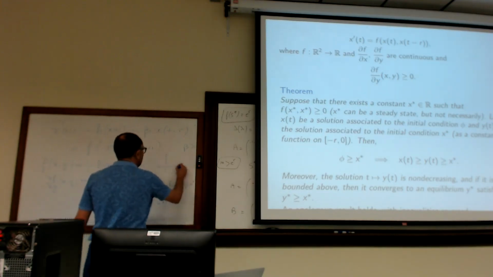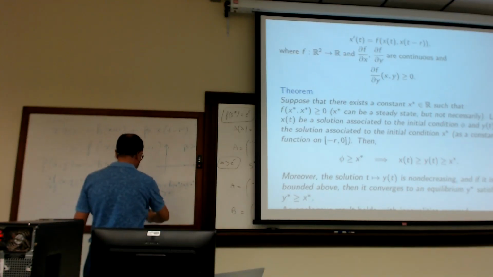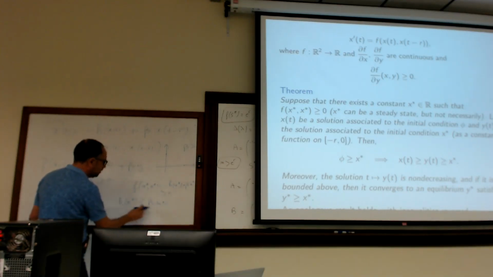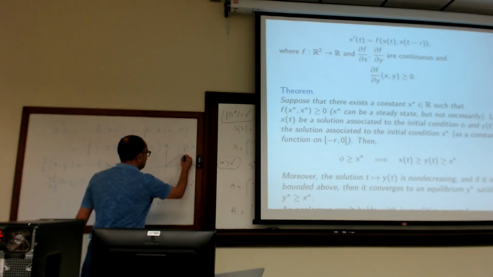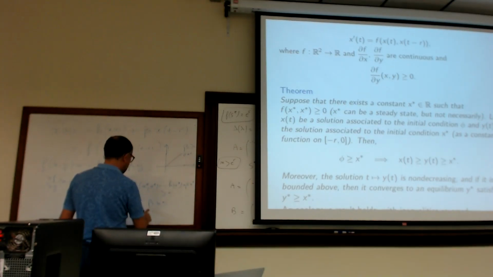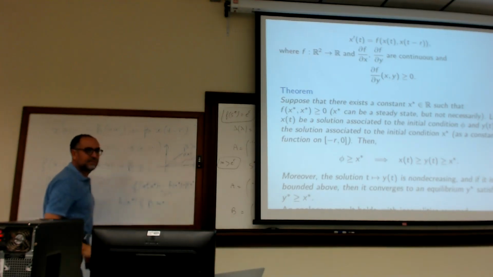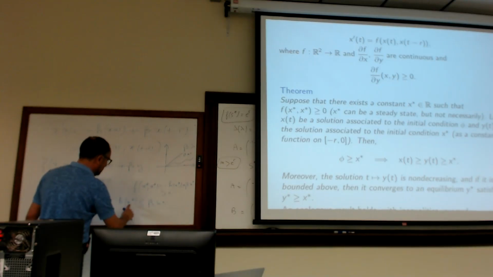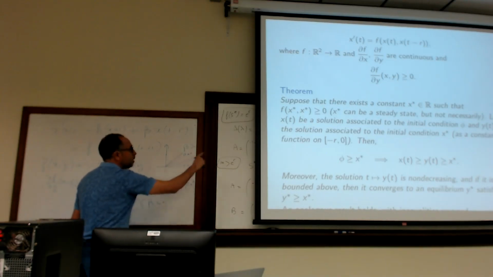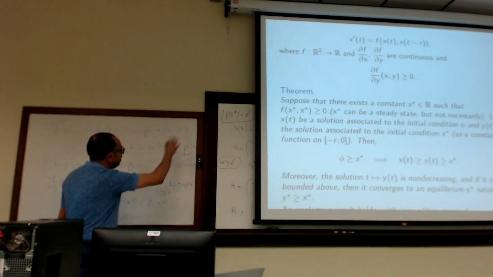You can take this h nonlinear as you like. If you take h of x star less than this one, such that this is positive because beta x is bigger than h, you will have this assumption. And this, for example, I put it for all x star.